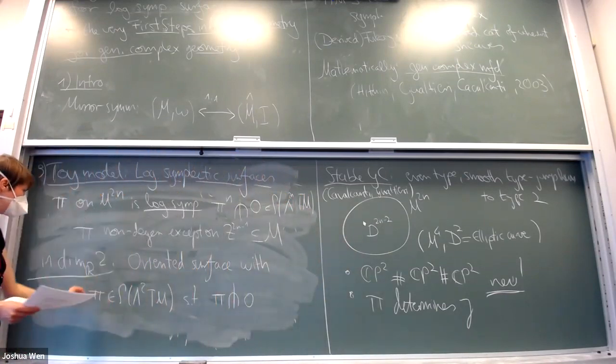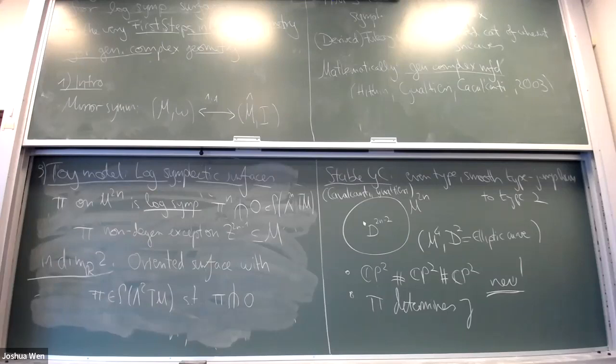Just a quick clarification. You're not requiring the vanishing locus of the top power of the bivector to be reduced, right? So you're not requiring that pi to the n define this codimension 1 locus, you allow it to define that locus with multiplicity, at least as far as I can tell from the definition.